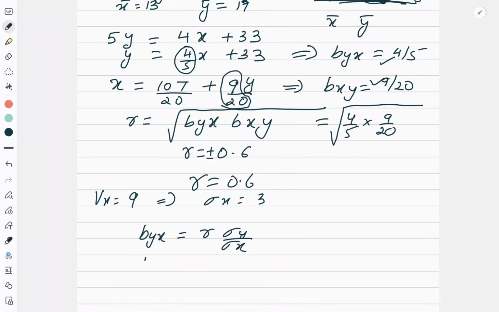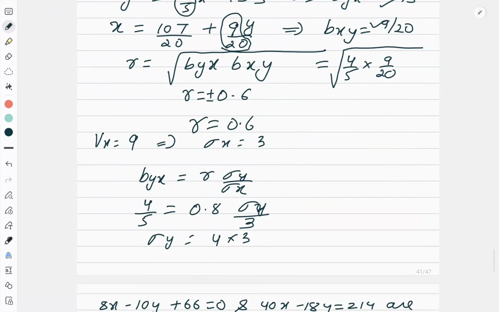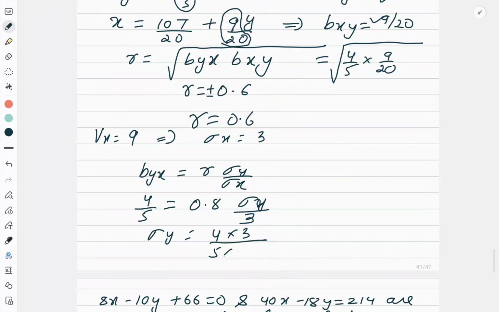Now what is the value of byx? 4 by 5. r is 0.8. Sigma y I don't know. And sigma x is equal to 3. So substitute this. So sigma y is equal to 4 into 3 upon 5 into 0.8. So this will give me the standard deviation for the y series, and when I do sigma y square, I'll get the variance for y. So it is very easy to solve.